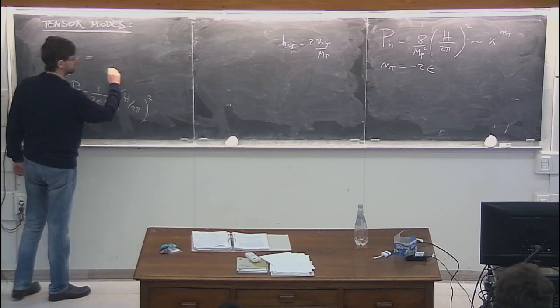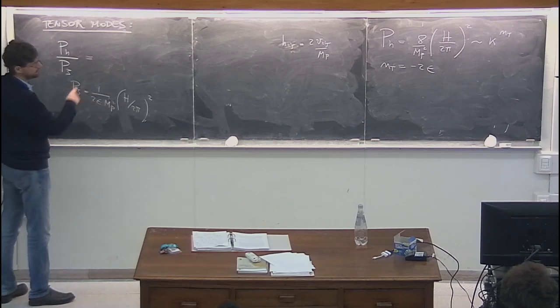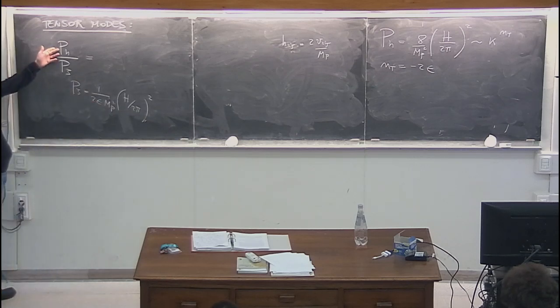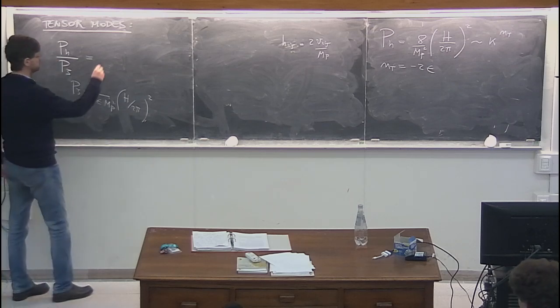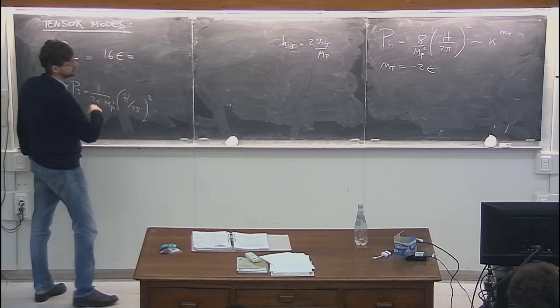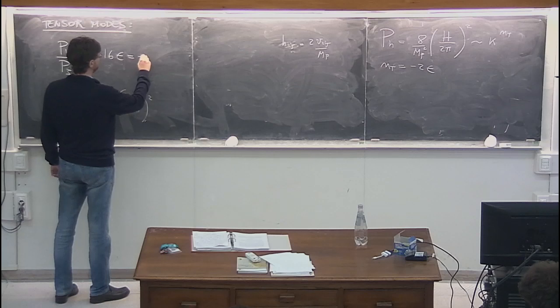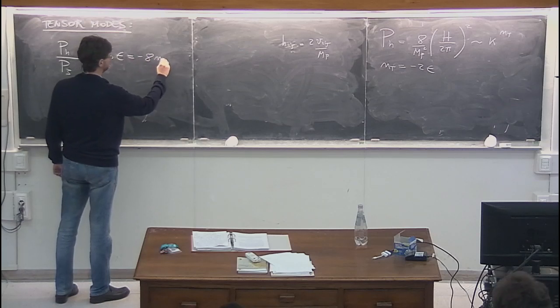So if you take now this ratio between the two, if single field model of inflation is correct, then the ratio between the amount of tensor modes and the amount of scalar modes that you have should be equal to 16 epsilon. And this epsilon is in fact related to nt. So this should be -8 nt.